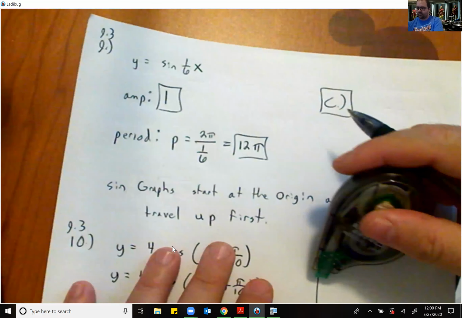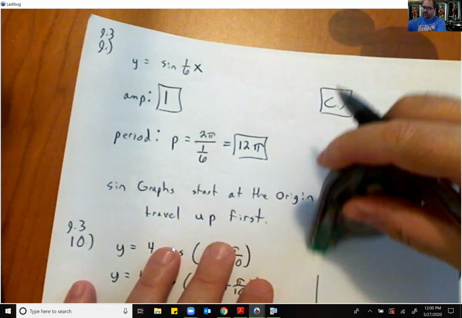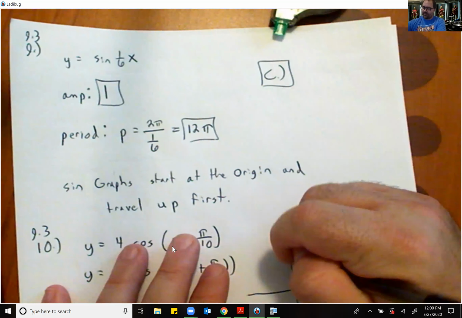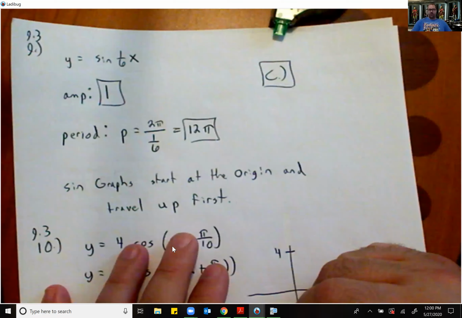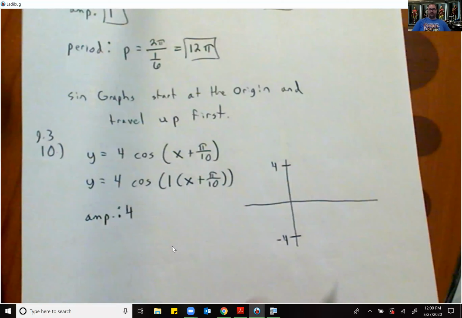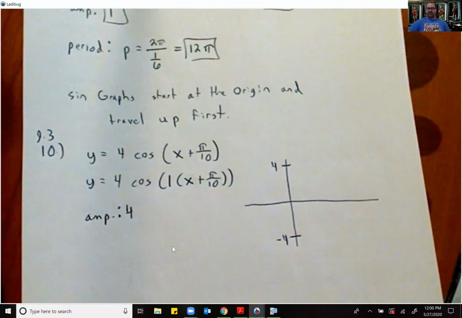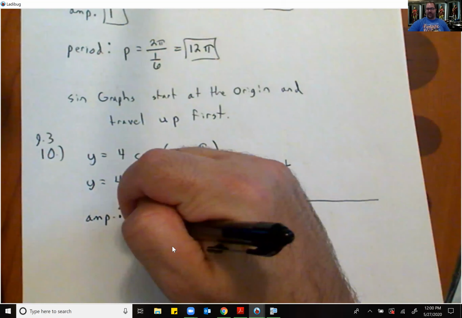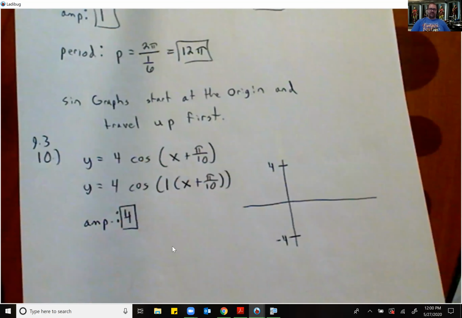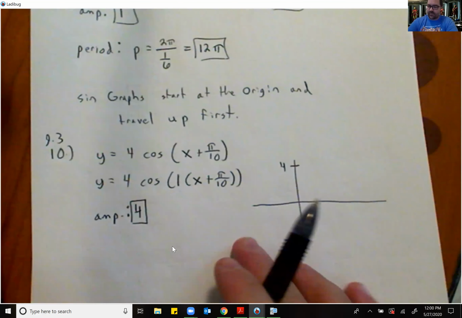What am I doing? That's a little bit better. Up to 4, down to -4. Okay? And this is one of those numbers that you would be putting in those boxes. This is one of the things you have to answer because it will ask you what is the amplitude. The next one, let's talk about the period.